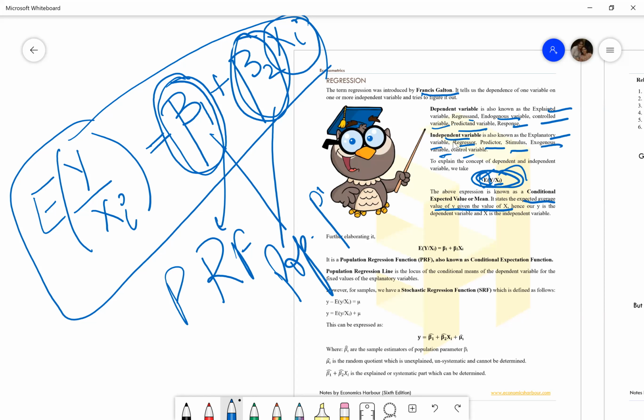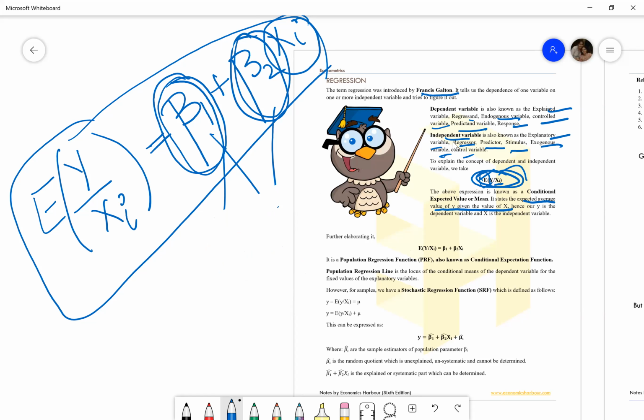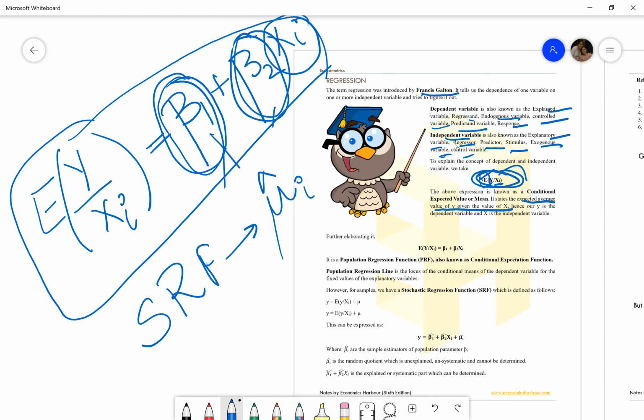But whenever you take a sample, for that, we have a stochastic regression function. And in this stochastic regression function, we are going to introduce an error term ui cap. So cap here signifies that we are taking into consideration the sample, right?